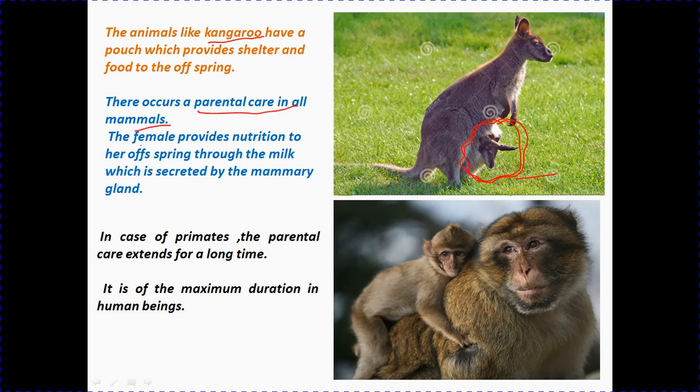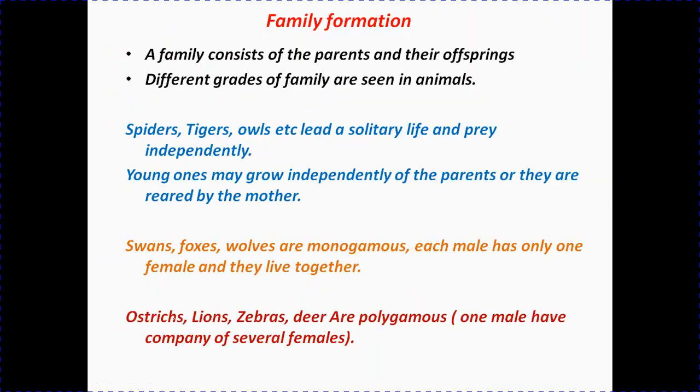The females provide nourishment to the offspring by feeding them milk. In primates, which include monkeys, apes, gorillas, lemurs, and humans too, parental care extends for a long time, and it is of maximum duration in human beings. Human beings take care of their young ones throughout their life, and it's remarkable.